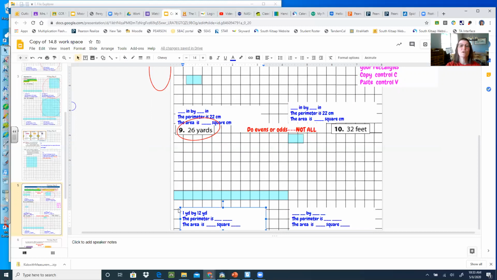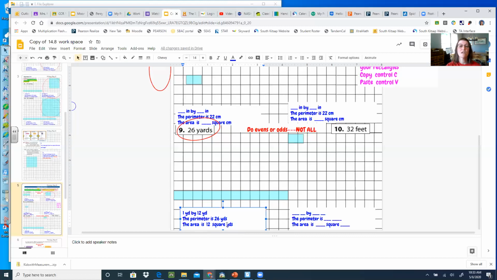So my perimeter is 26 yards. Okay, now my area is 1 times 12. So my area is 12 square yards. That's my abbreviation for yards.